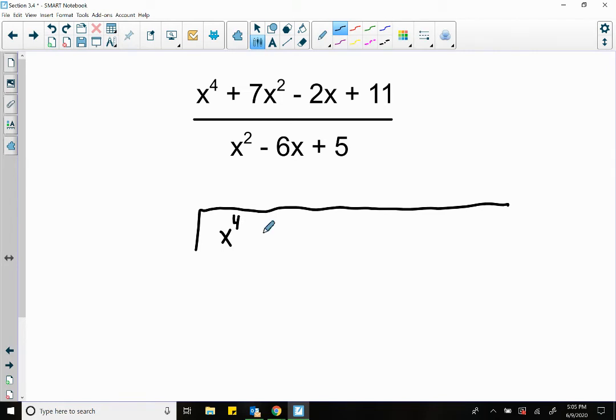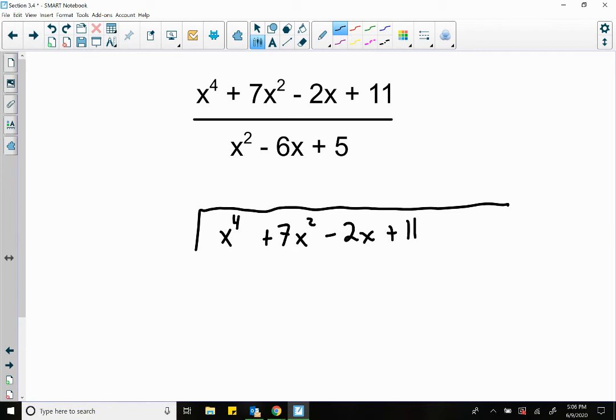And then you have plus 7x squared minus 2x plus 11. If you look at this and count this, it says 4, 2, 1, 0. Yes, that is in standard form. I agree. But the problem is, do you really count like that? On your marks, get set, ready, 4, 2, 1, 0, go.